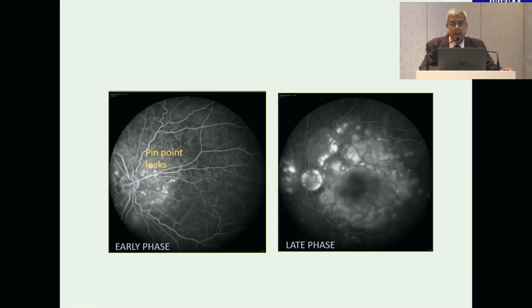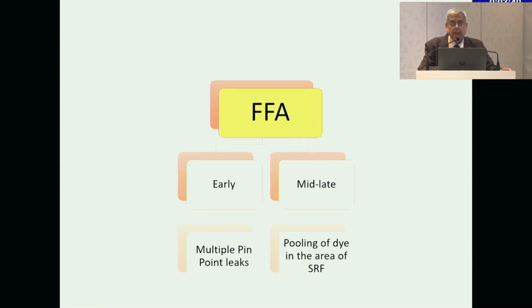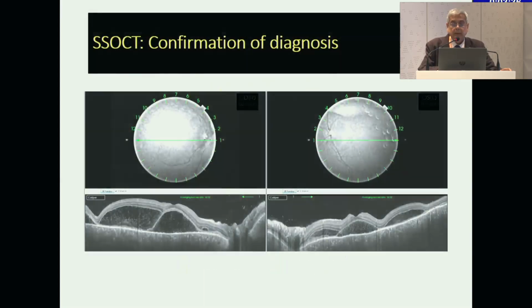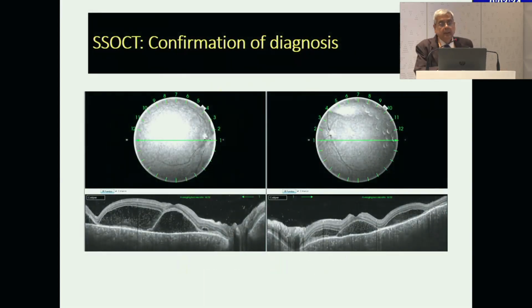There is early multiple pinpoint leak, and mid and late pooling of the dye in the area of SRF. And now with the OCT, you can see the bullous retinal detachment as well as the subretinal septae, which is quite characteristic of Vogt-Koyanagi-Harada disease.